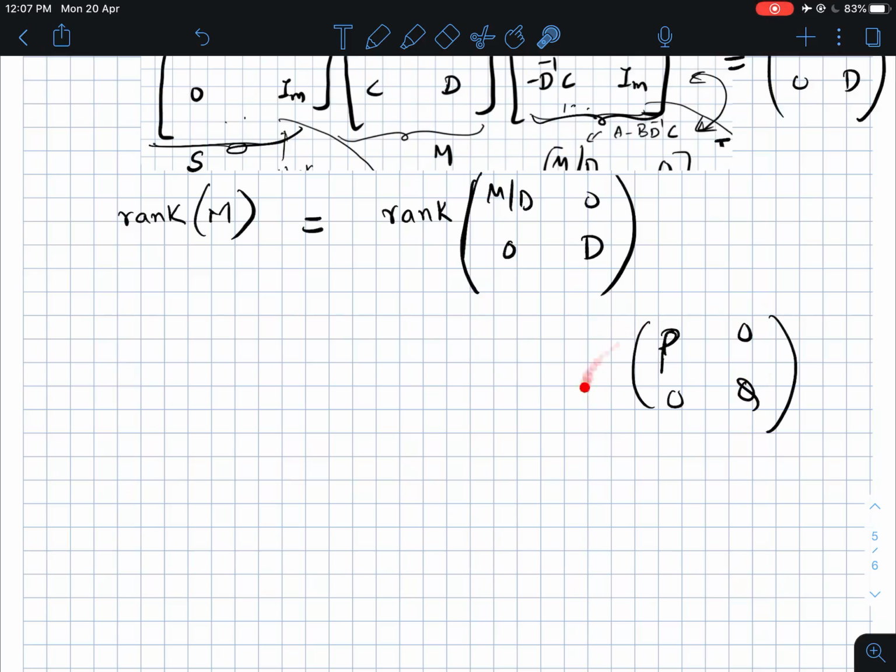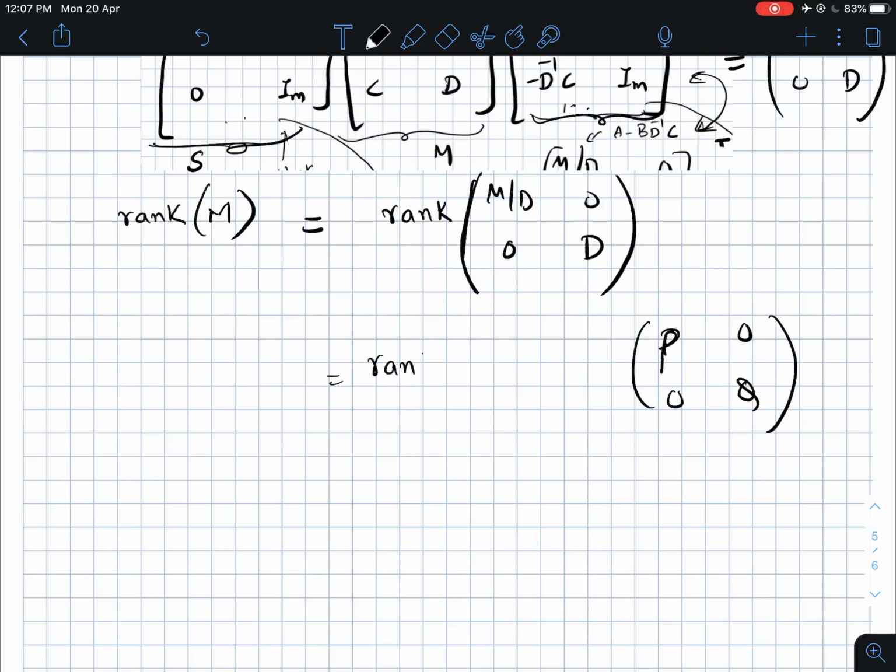That's going to give me a basis of the overall column space. In other words, take linearly independent columns from this portion and linearly independent columns from this portion and put them together. So this is just going to be the sum of the ranks. So it's going to be rank of the Schur complement plus rank of T.